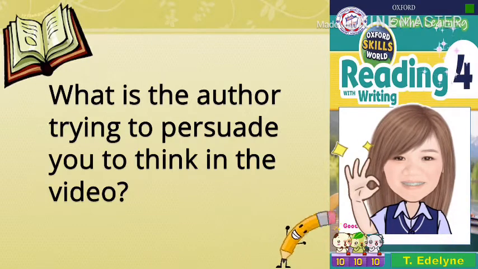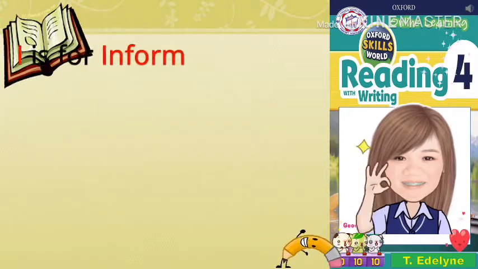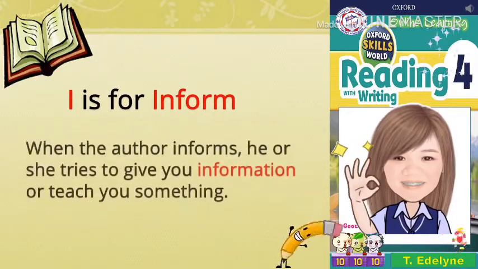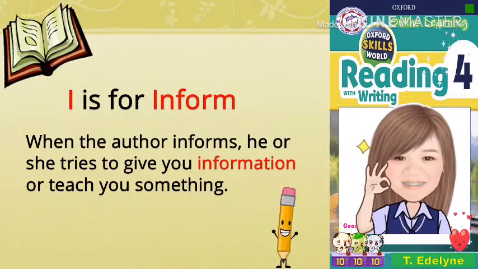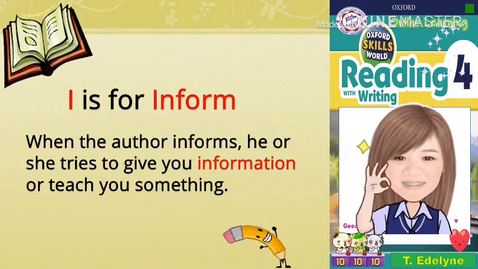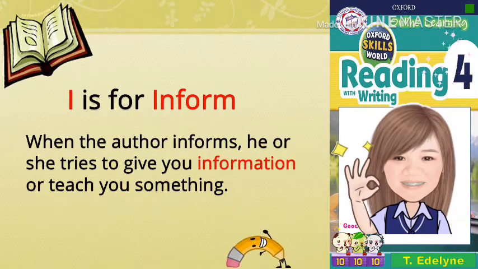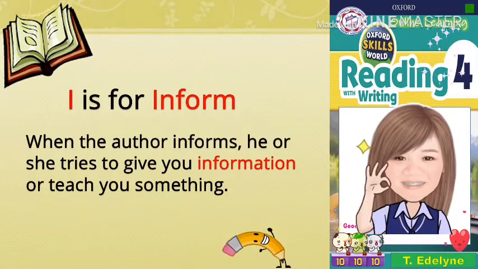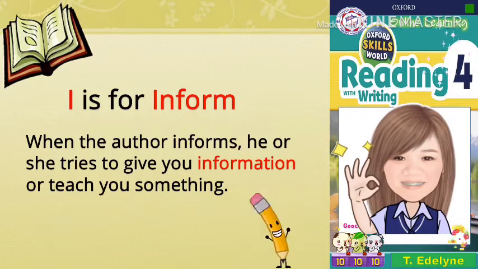Now, the second purpose of the writer is I, for inform. So when the author informs, he or she tries to give you information or teach you something.